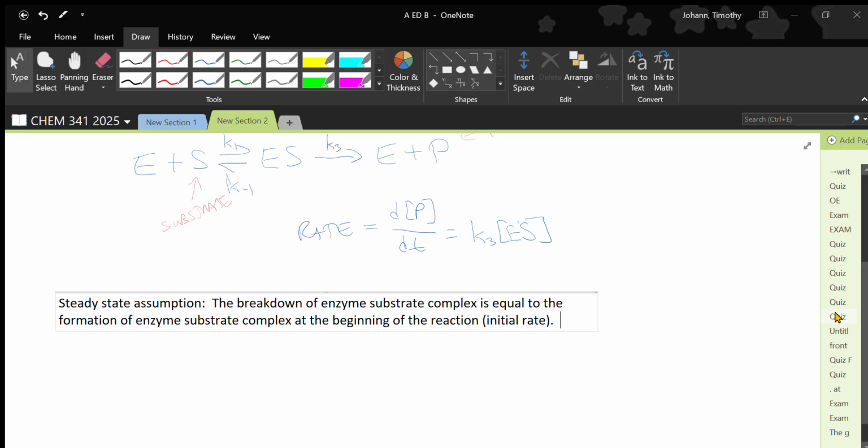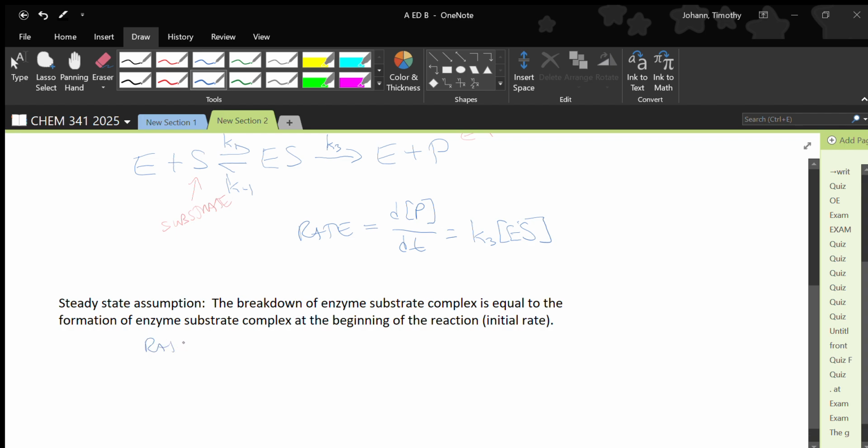So the rate of enzyme substrate formation, ESF, is equal to what? What's my rate of making this with the arrows you have and the constants you have there?